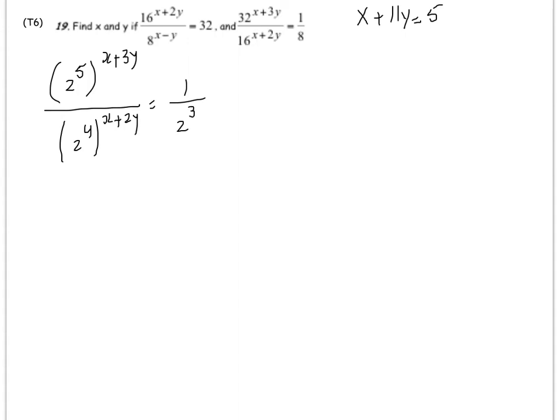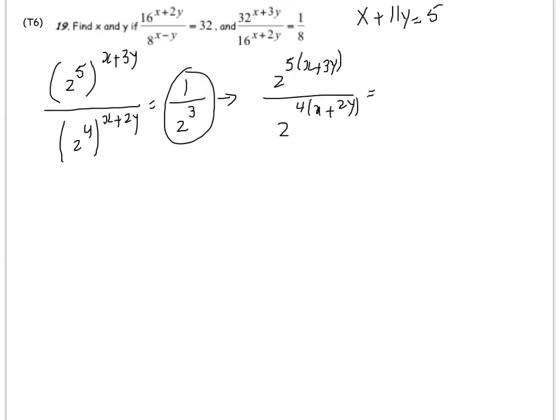Now, because we have power to power again, we multiply exponents, so I get 2 exponent 5 times x plus 3y divided by 2 exponent 4 times x plus 2y is equal to, this one I can just flip and change the sign of the exponent.